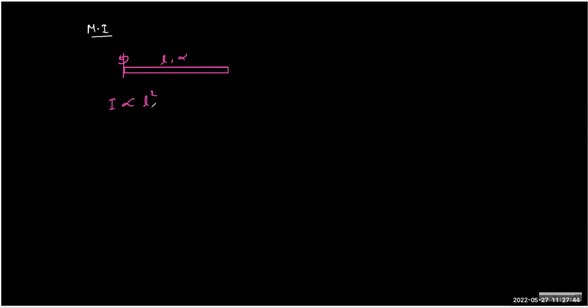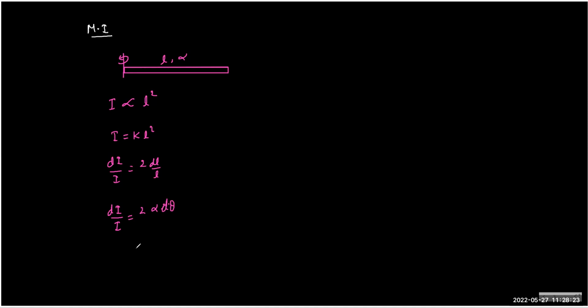You can choose any axis, but no matter which axis you choose, the dependency will be mL square, right? Am I audible, guys? Yes, sir. So for I, we can attach some constant to L square, and therefore the fractional change in I, dI by I, will be twice of dL by L. And dL by L we can replace with alpha d theta.